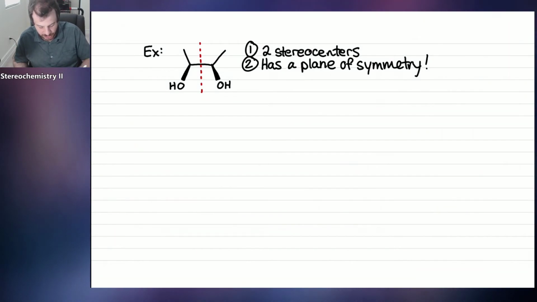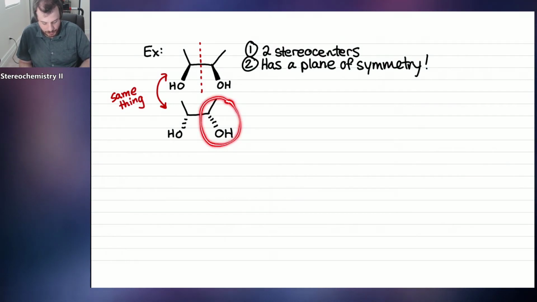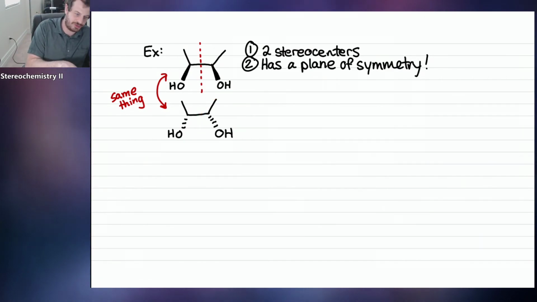Consider this. Let's try and draw the enantiomer of this compound. We would just flip all the wedges to dashes. This is the same molecule. This isn't actually any different. Imagine I picked this molecule up from this side and flipped it over 180 degrees.